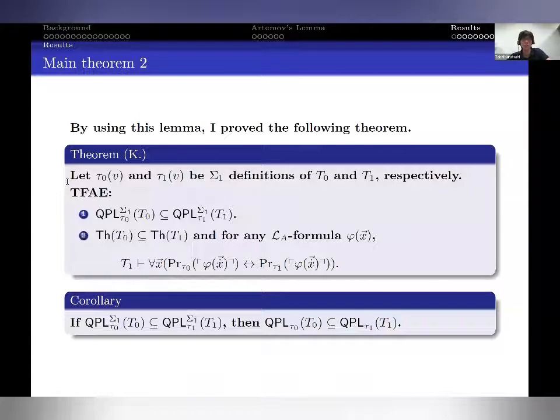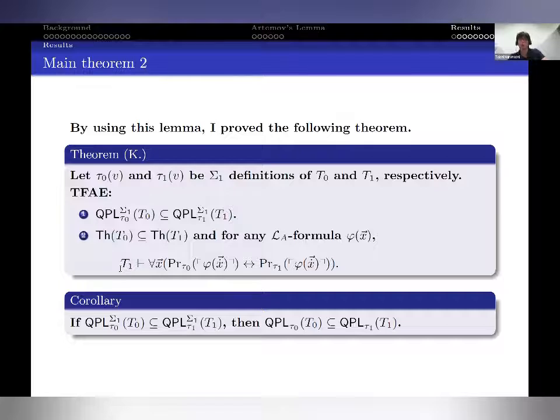Let τ0 and τ1 be Σ1 definitions of T0 and T1 respectively. Then this inclusion concerning Σ1 quantified probability logics holds if and only if T0 is a subtheory of T1, and for any formula φ of arithmetic, T1 proves that Pr_τ0(φ) is equivalent to Pr_τ1(φ).